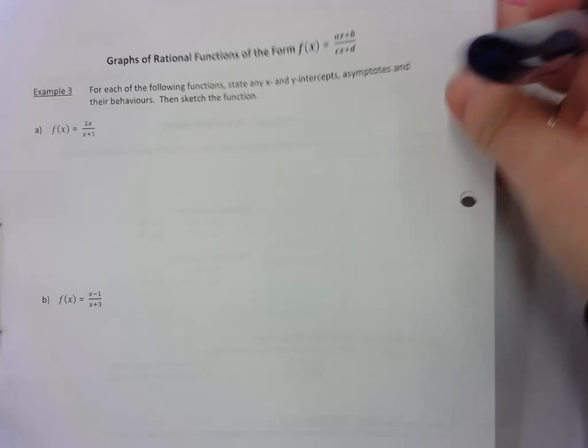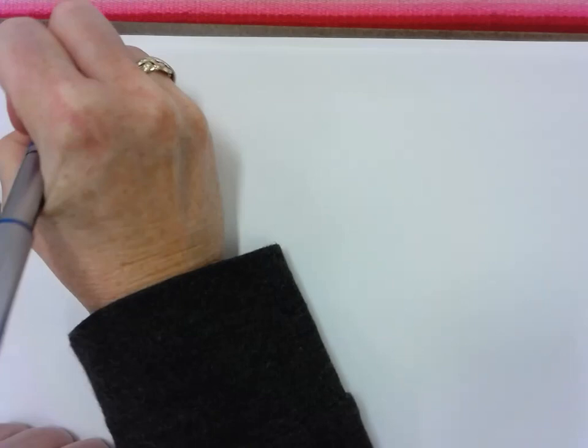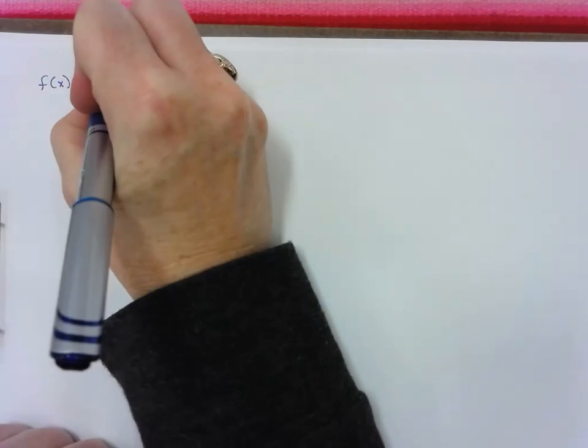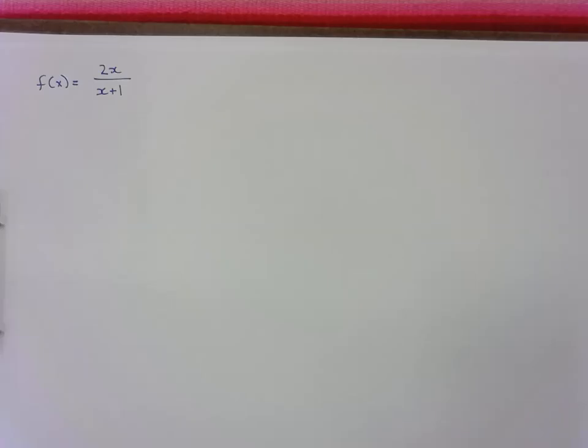I'm just going to move this out of here so I have a little bit more room to write. So we have f of x is equal to 2x all over x plus 1. If you remember, we calculate the x-intercept by setting y equal to 0.